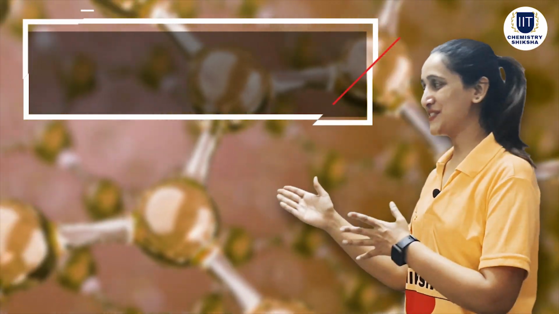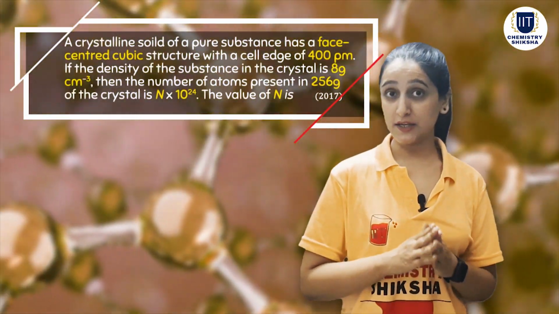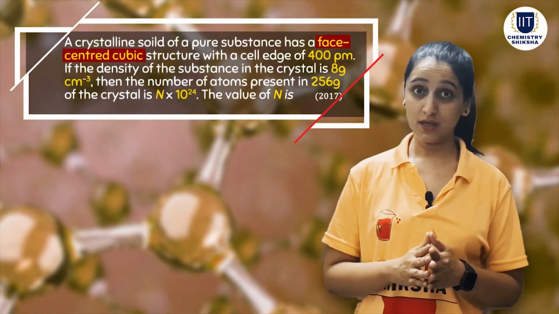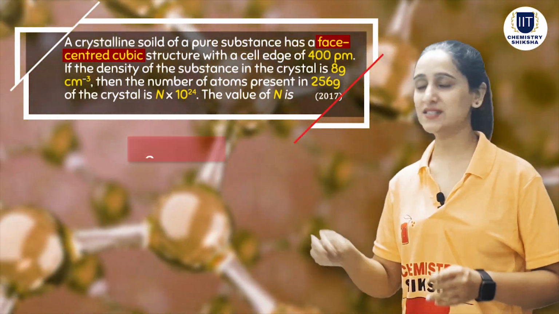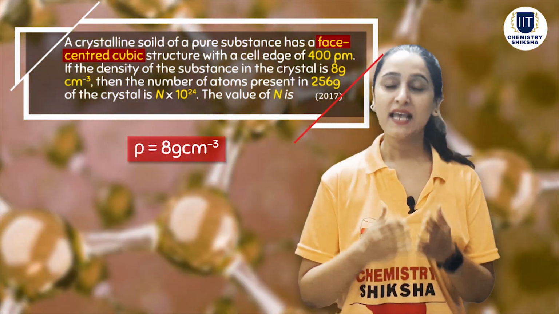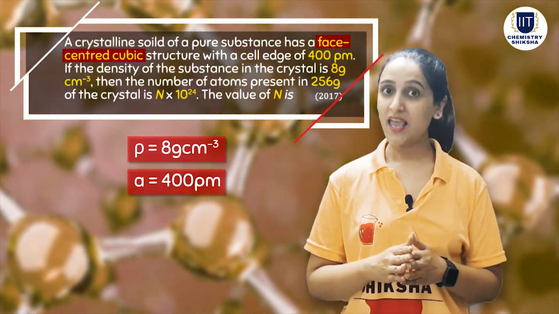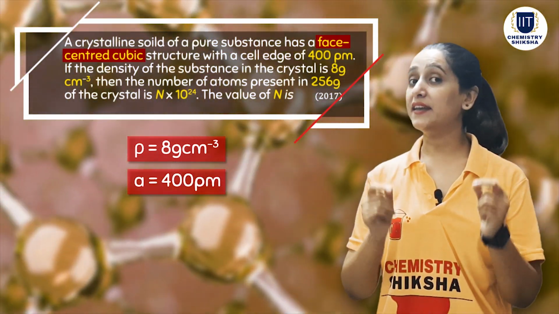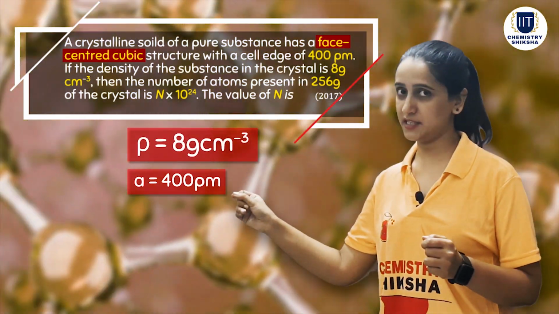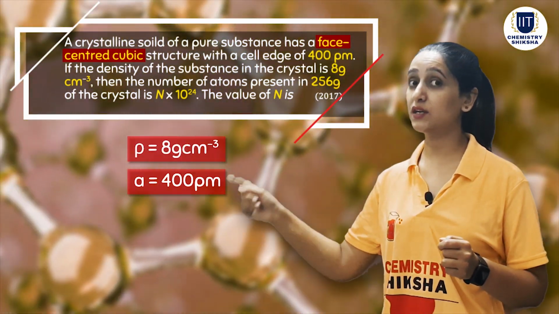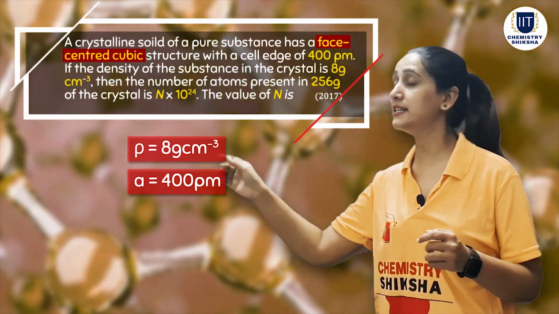So the question on your screen is, you have been given a face-centered cubic crystal whose density is known to us, which is 8 gram per centimeter cube. Its edge length is given, which is 400 picometers, and if the density is given in gram per centimeter cube, then definitely you have to convert these picometers into centimeters.